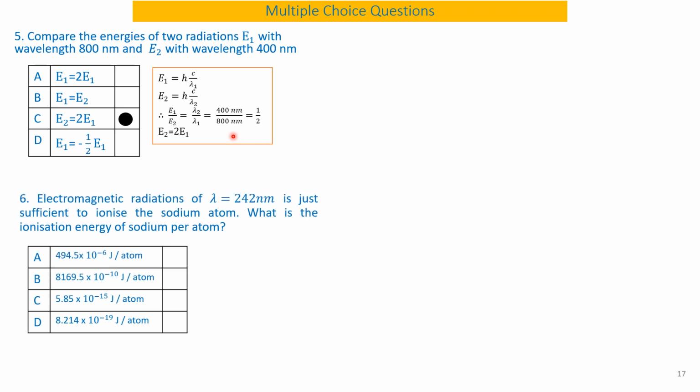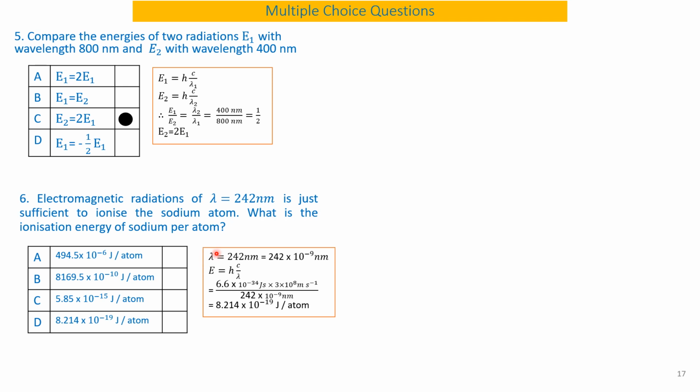Next question. Electromagnetic radiation of lambda equal to 242 nanometers is just sufficient to ionize the sodium atom. What is the ionization energy of sodium per atom? Once again, this is a numerical problem. You have to apply the formula and substitute the values.